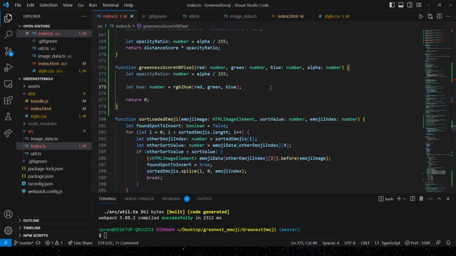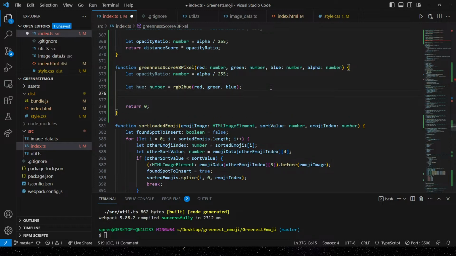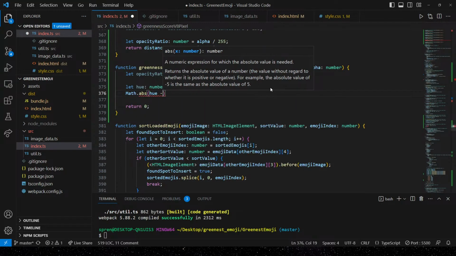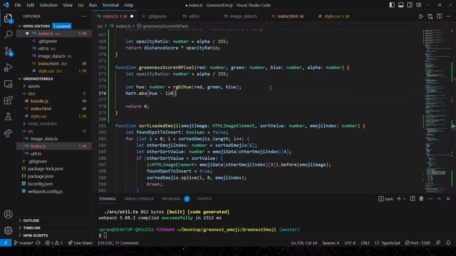We could allow for a partial greenness. So what I could do is something like Math.abs of hue minus 120 is the distance from the greenness.